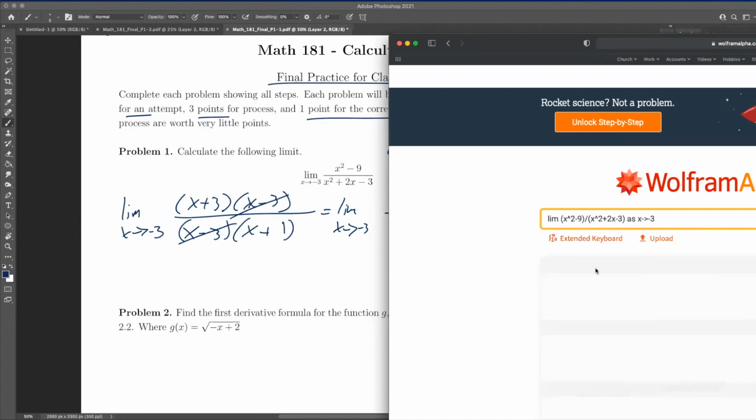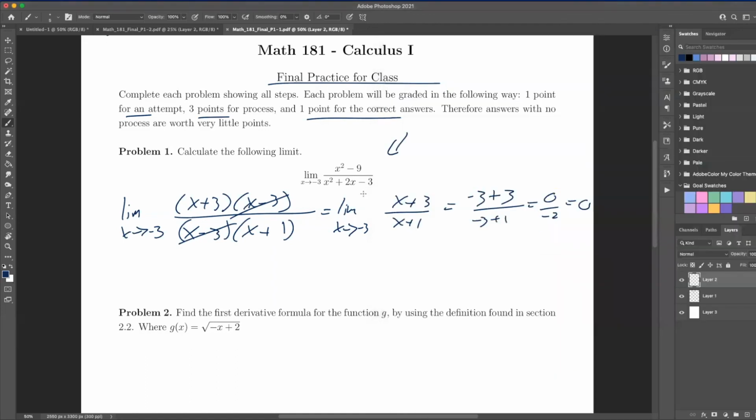Let's make it look right. 3/2. That means I did something wrong. Did anyone see what I did wrong?